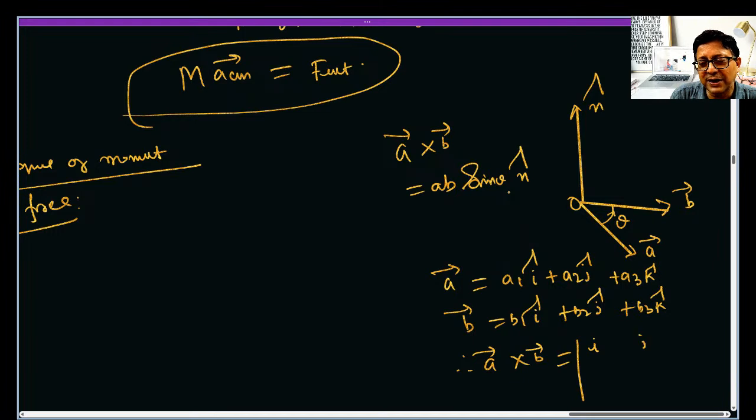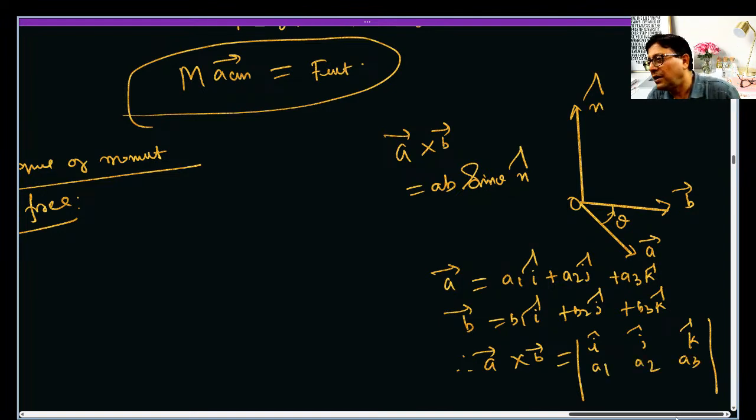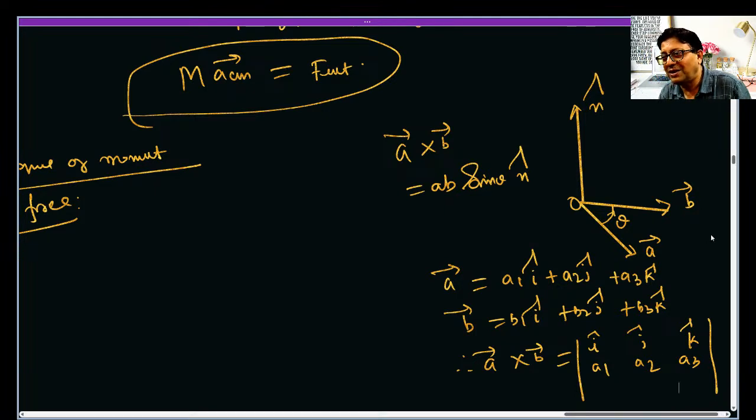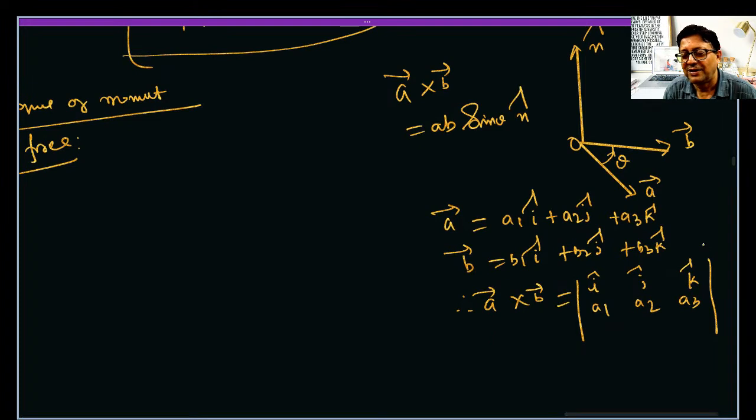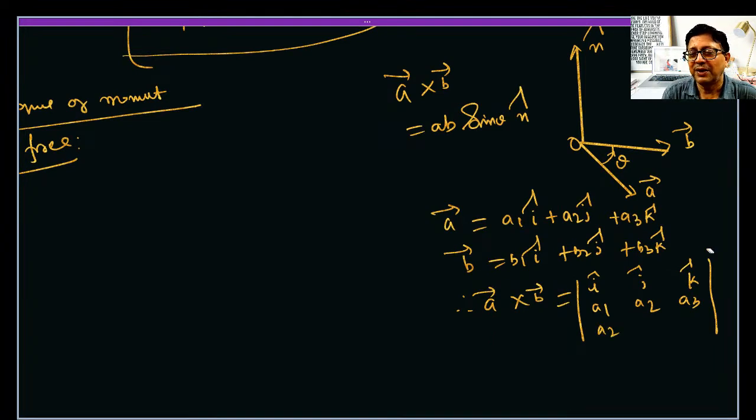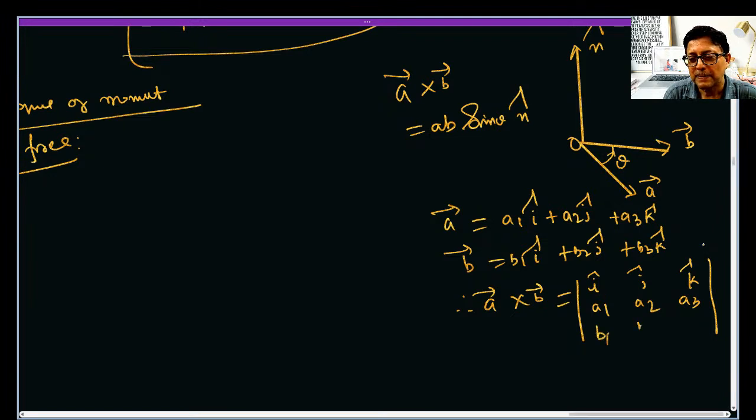It is given by the determinant i j k. Know it or not? A1, A2, A3. Done. This one done? Not done. So this cross product is required. This is A1, A2, A3, B1, B2, B3. What is the result here?